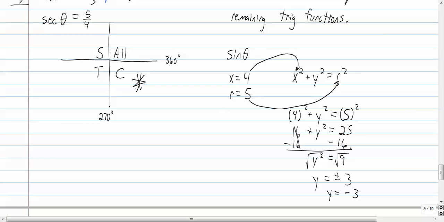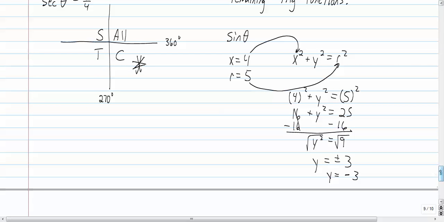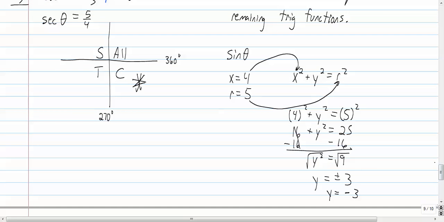Alright, so we know y equals negative 3, so now we can come back and solve for sine of theta. Sine of theta is y divided by r, so that's negative 3 divided by the radius of 5. So that's negative 3/5.